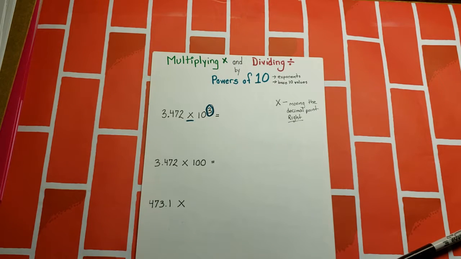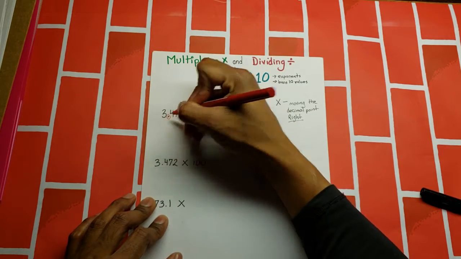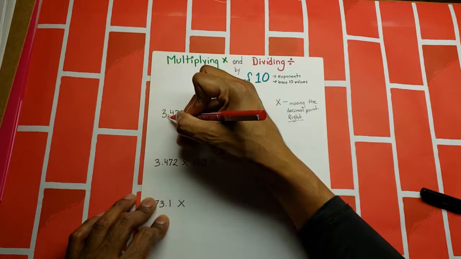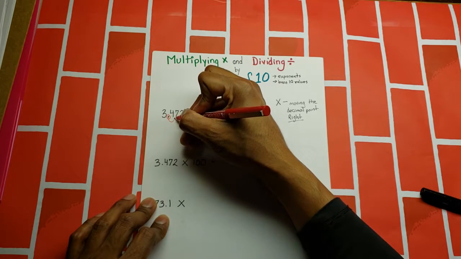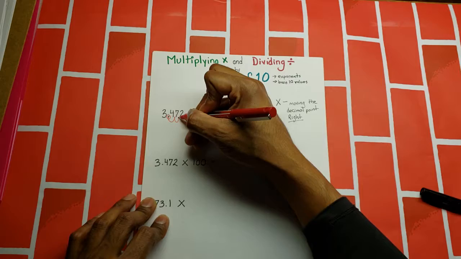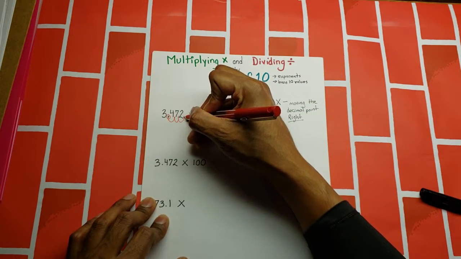I recommend to students to always circle the decimal point as our starting point. We're shifting right 3 place values. And I always encourage students to draw. So that's 1 jump or 1 place value, 2 place values, and now 3 place values.